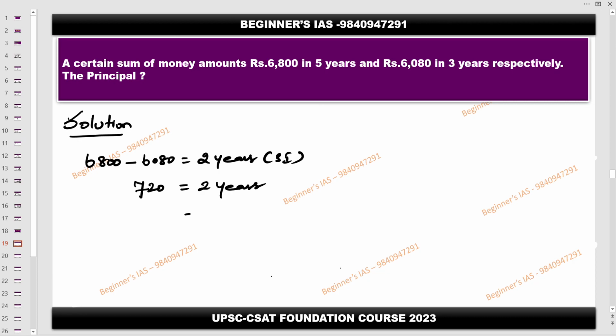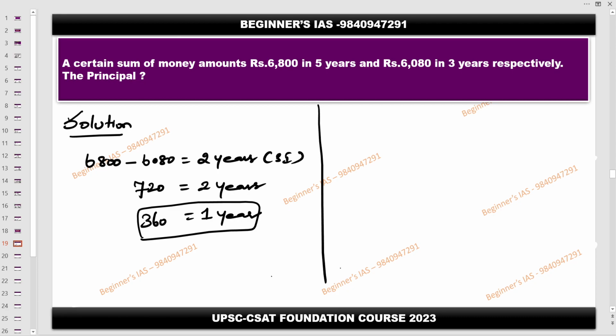Then for 1 year, 360. Then for 3 years this much, right? So what is the 3 years simple interest? For 3 years, the simple interest is going to be 1080, right?